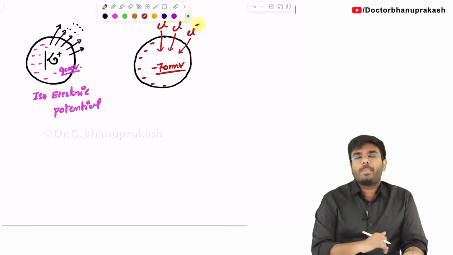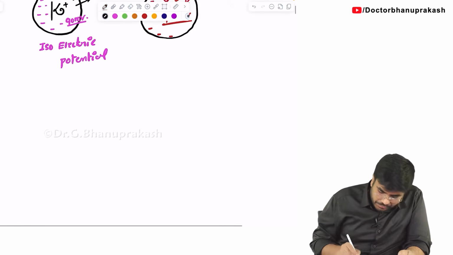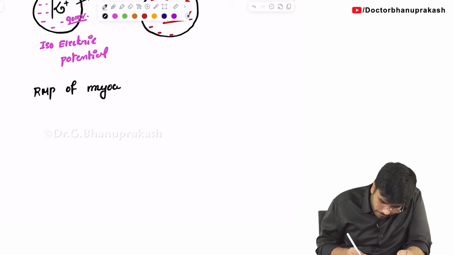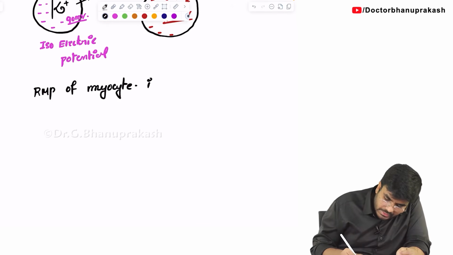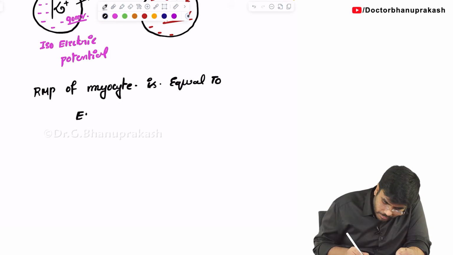But right now, what I want you to know is the MCQ. Resting membrane potential of a myocyte, which myocyte? Ventricular myocyte. Resting membrane potential of ventricular myocyte is equal to the equilibrium potential of dash.